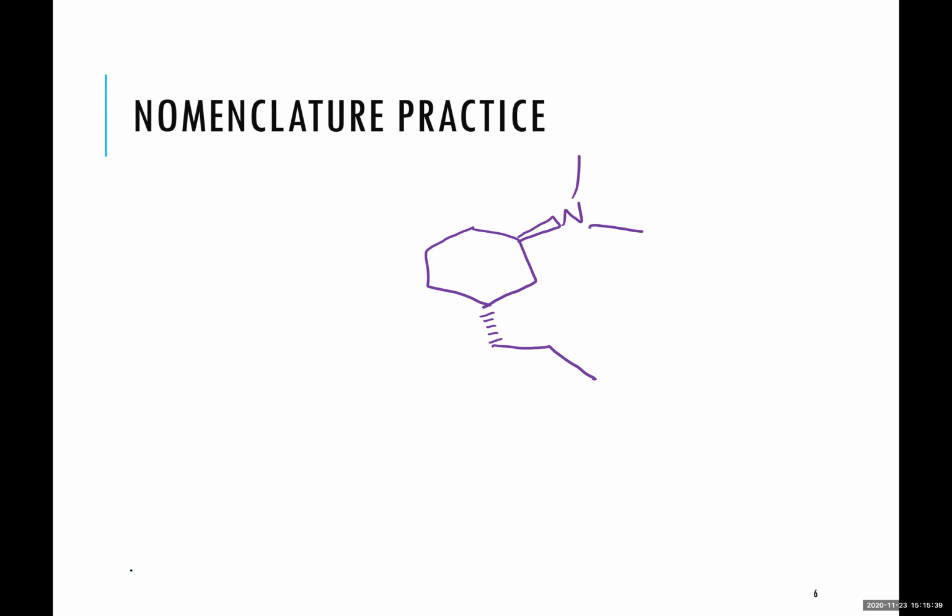Maybe one at the amine group. Yeah, so right where that nitrogen's attached. So 1, 2, 3, 4, 5, 6. And I went clockwise so that the other substituent would be at the lowest number possible. So even though we want our functional group to be at the lowest number possible, we still want to look at where the other ones are located, especially when it's in a ring, because we have a choice of going either direction.